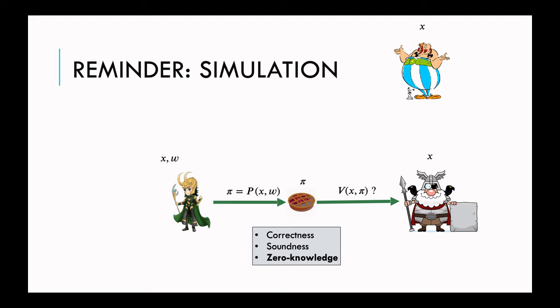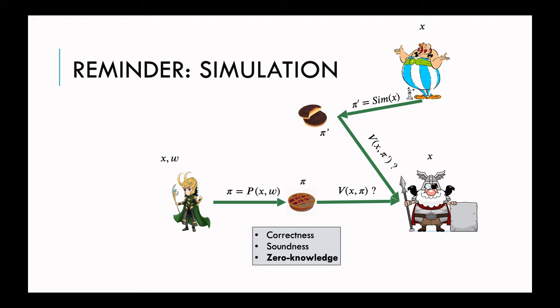The simulator only knows the input. Based on the input, it generates a simulated argument and sends that to the verifier. And the requirement is that the simulated argument should not be distinguishable from the real argument.